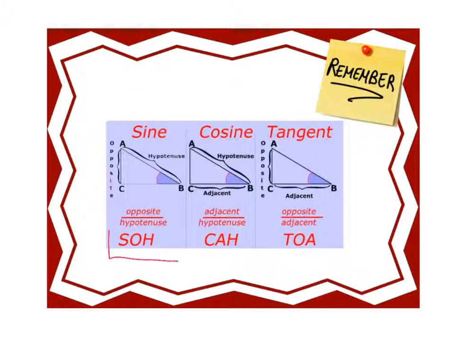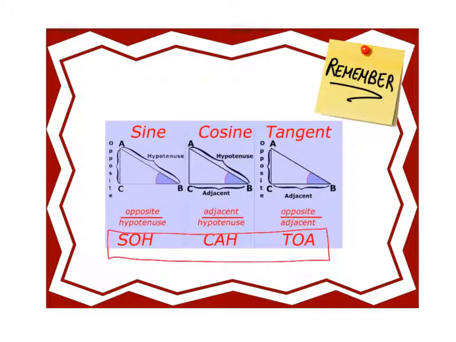It's called SOHCAHTOA. It's just an acronym to help you remember what name goes with which sides. So the S is for sine, which is always opposite over hypotenuse. Cosine is adjacent over hypotenuse. Tangent is always opposite over adjacent.